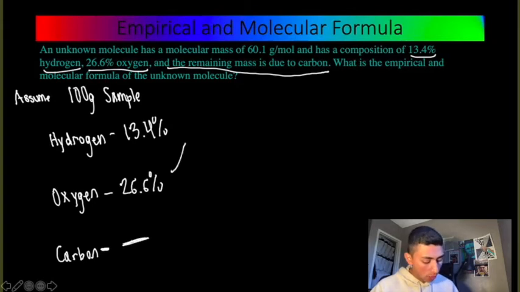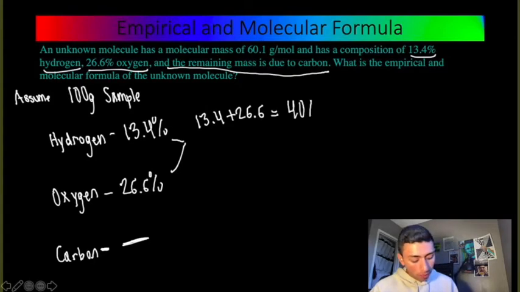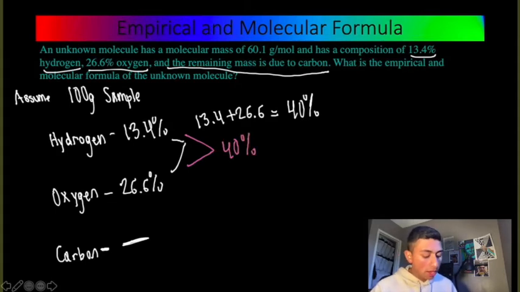Now 13.4 plus 26.6% equals 40%. So these two elements make up 40% of the molecule. Now the remaining mass, remember, as it states here, is due to carbon. It's the same thing as saying the remaining percentage is due to carbon.